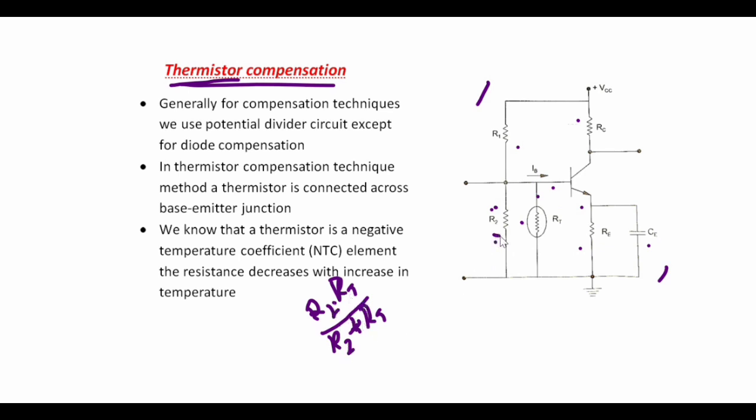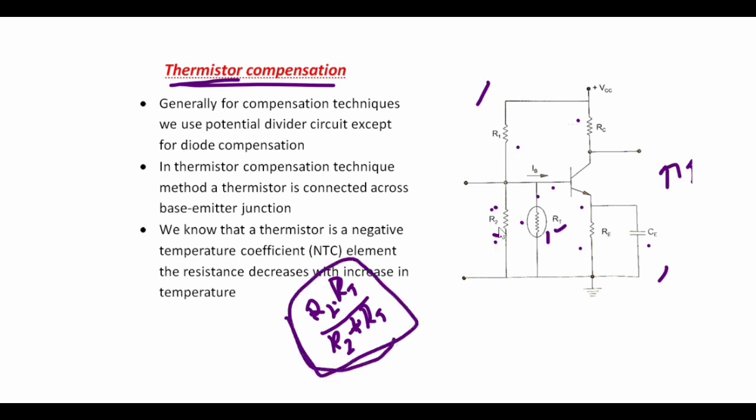This is the resistance R2 and this is RT, the resistance of the thermistor at normal room temperature. After some time, if the temperature increases, then the resistance value decreases. If the resistance value decreases, then the value of equivalent resistance also decreases.